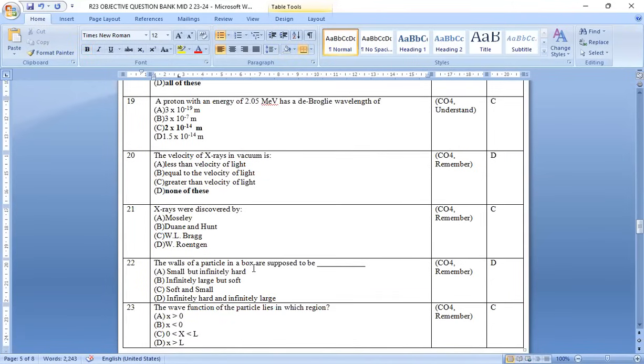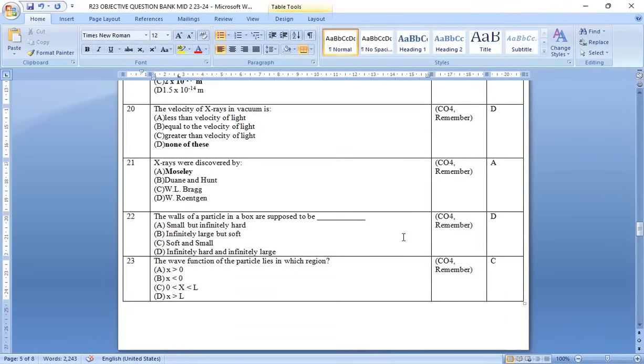X-rays were discovered by, mostly, yes, option A is the right answer. Sorry, option D, Röntgen is the correct answer.